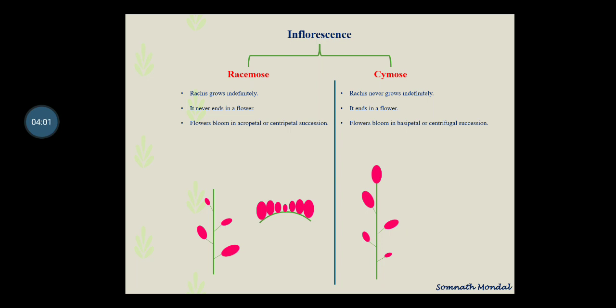And if the rachis is flattened, then the bud at the center will mature first, and thereafter the peripheral buds will mature. So that is why it is called centrifugal succession.